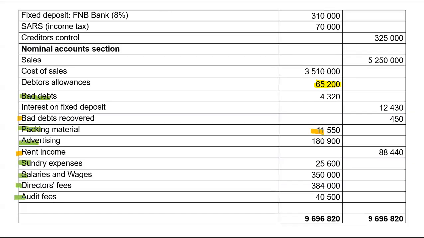It should be under financial position. There it is. It is 310,000 and the interest on that is 8%. They needed to specify that per annum, so it's 8% per annum. I'm going to take that 310,000 and calculate my interest on fixed deposit.